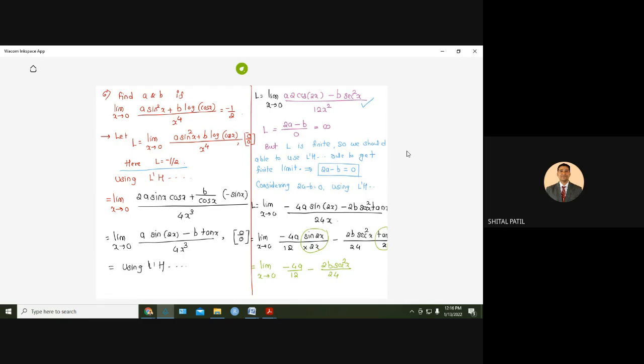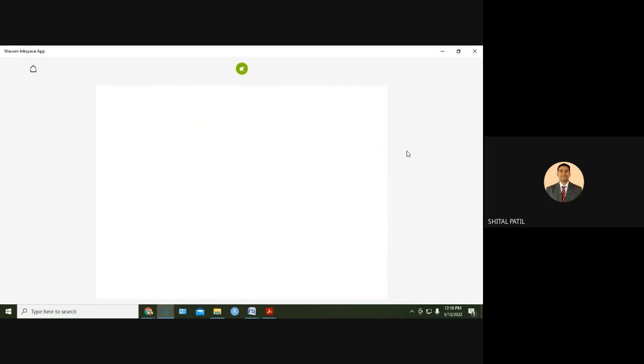So I'll proceed from whatever is written in the green ink. It is like this: L equal to minus 4a by 12, that is minus a by 3, and sec 0 is 1, so 2 will cancel, minus b by 12. But we know what L is. L is equal to minus half.